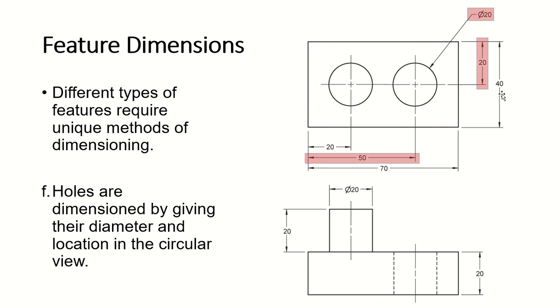From here to here I have to make 40. That's a circle, so I'm just going to give my note as a diameter 20. And I have to label this socket, of course, using a leader line. So I have to label the linear dimension right there. You're going to use your arrowhead, your extension line, and then show it very clearly. Okay? So that's what we want you to do.